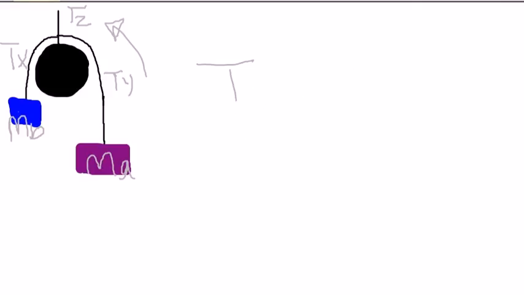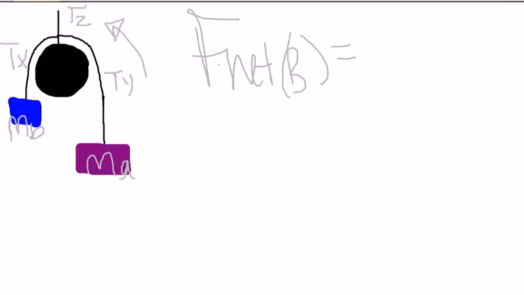So question 3. To answer this question, we need to look at the picture and we need to write some F-net equations. So first we're going to do the left side, or mass B. So the net force of mass B, or of that left side of the pulley, is mg minus T, because gravity is weighing down the weight and it's moving down.